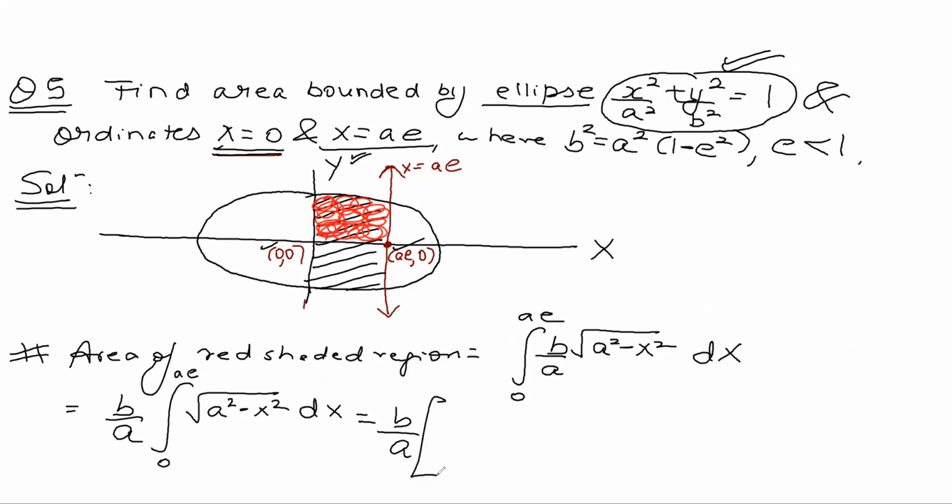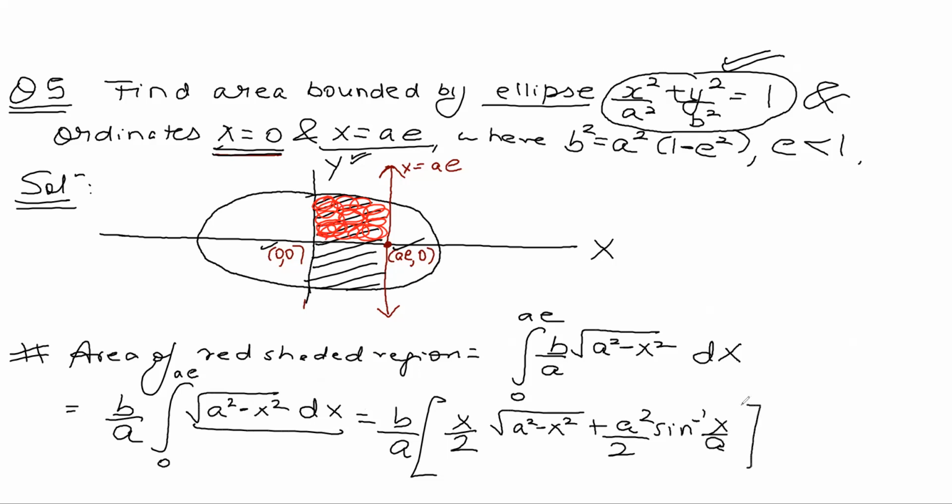So guys, if I integrate it, all of us know the integration of this now. x by 2 into under root a square minus x square plus a square by 2 sine inverse x by a. We run this from 0 to ae.